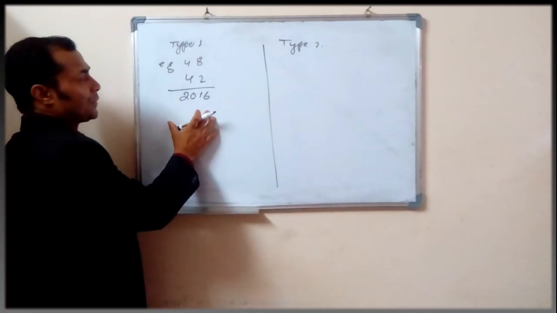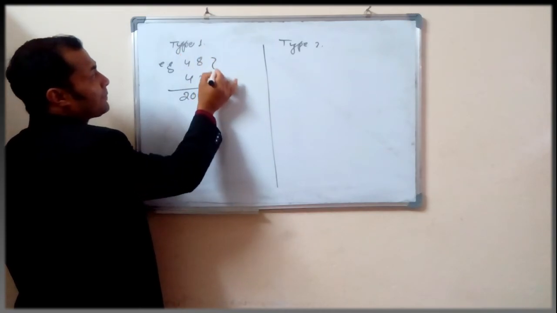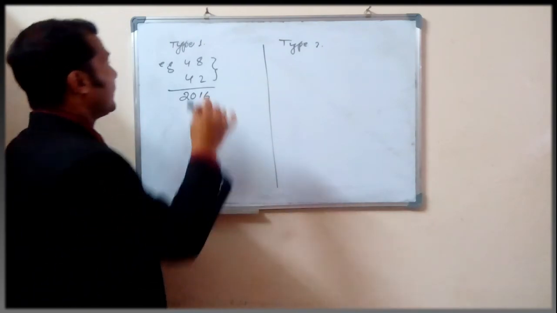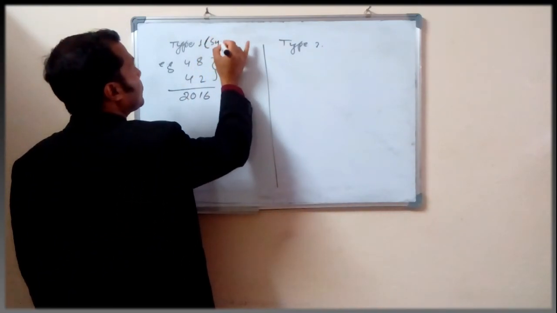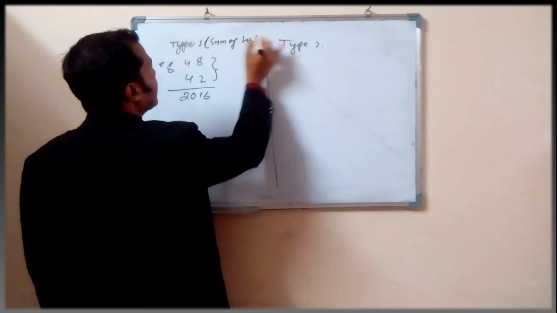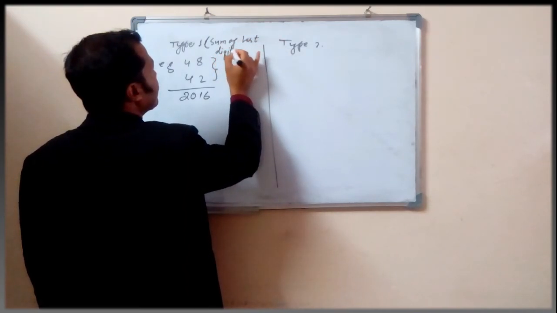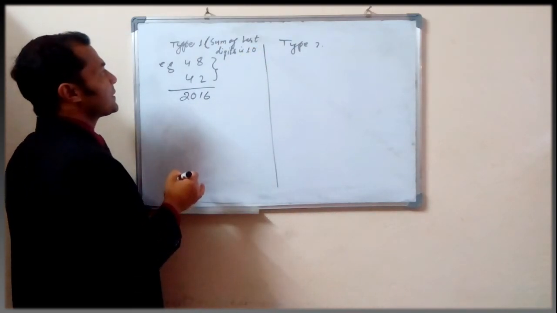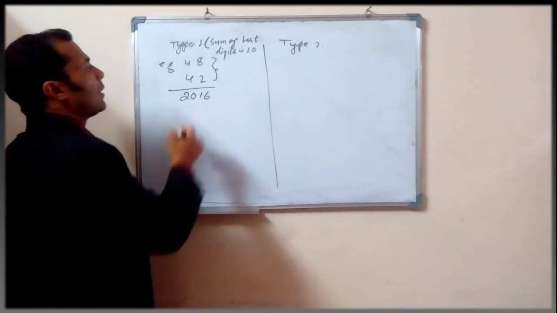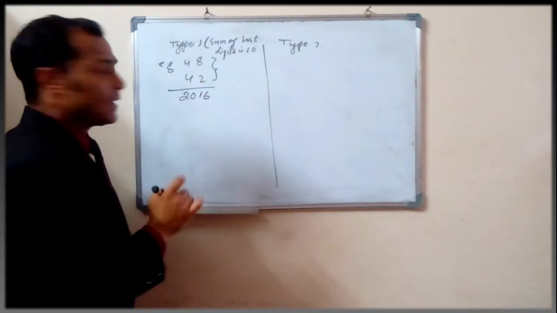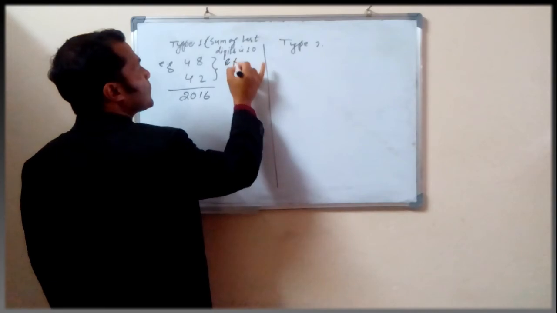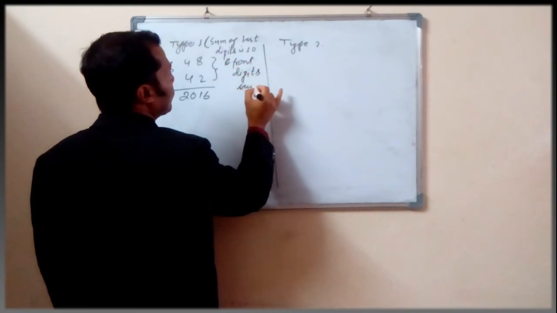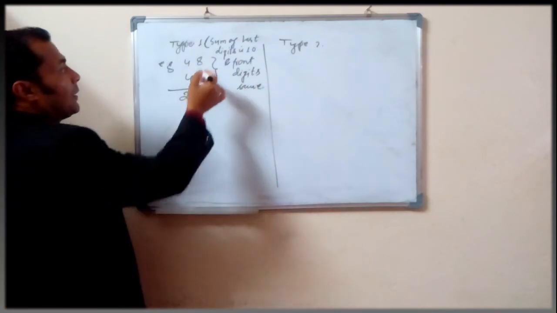The first type: the sum of the last digits should be 10, and the front digits should be the same.